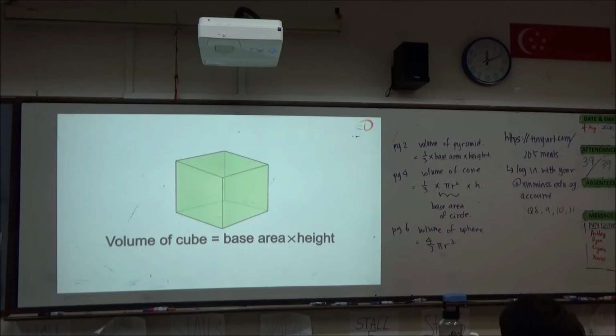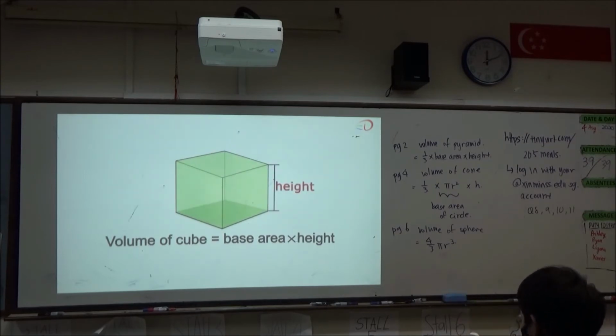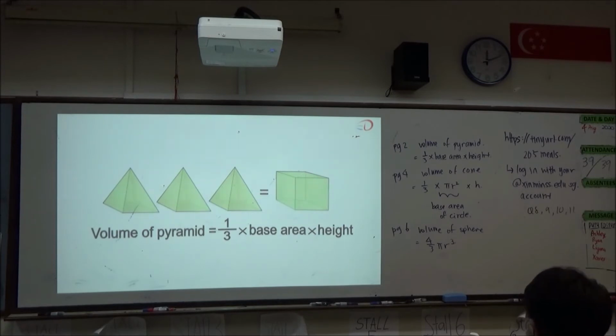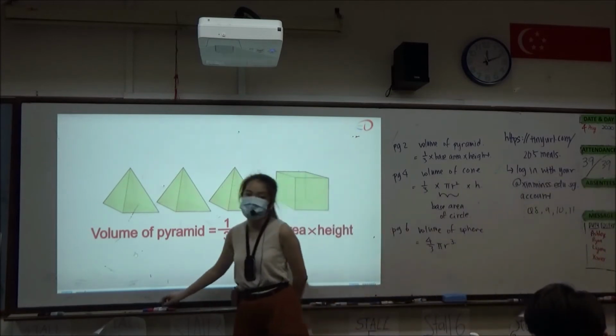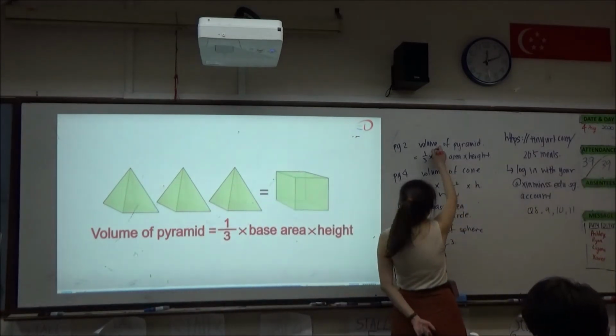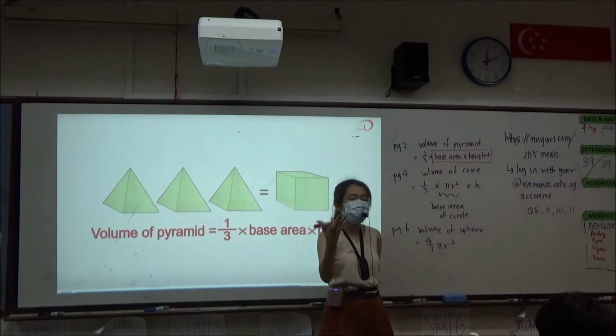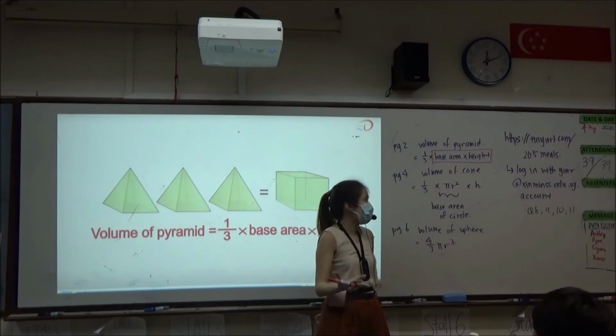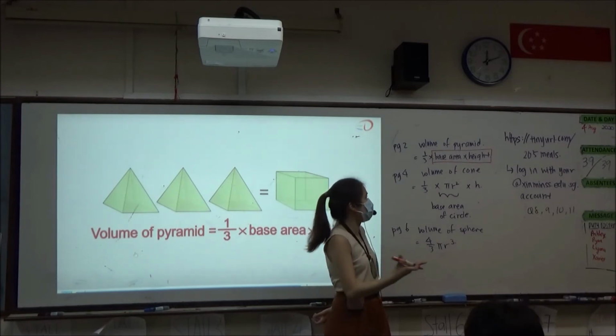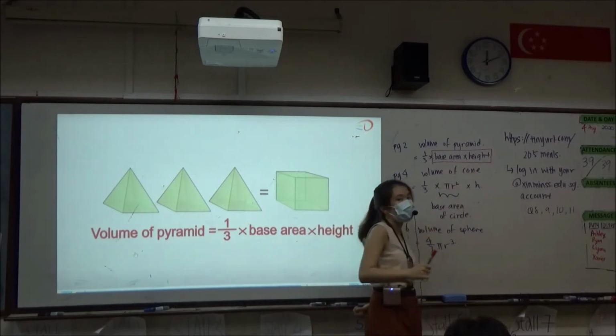Since the volume of the cube equals base area times height, the volume of the square-based pyramid is therefore 1/3 base area times height. So that is the reason why our formula for the volume of a pyramid is actually 1/3, because it is 1/3 of a full cube itself, and the cube has the formula for volume to be base area times height.